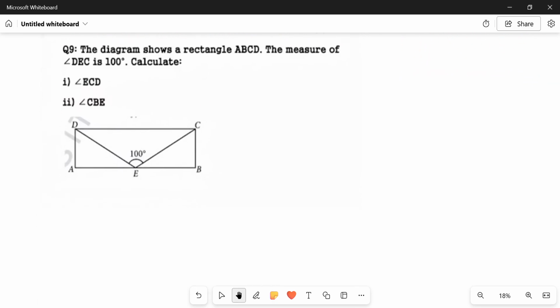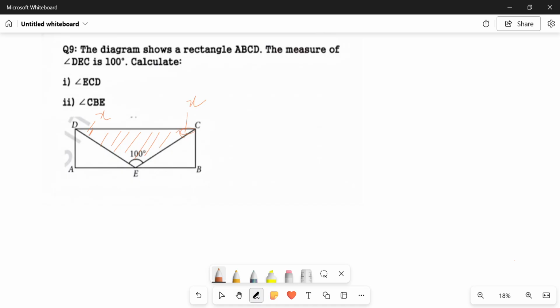Yes, we do. This question is also very easy. Can you see this triangle? This is an isosceles triangle. So this one is x, and the other one is also x. But the question says you need to find angle ECD, you need to find C here.